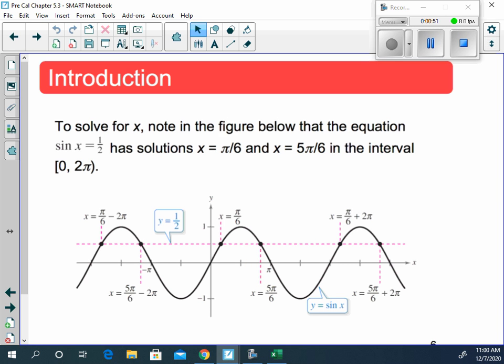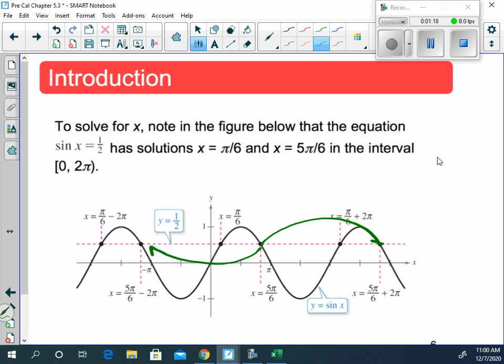If we subtract 2 pi, we end up here. If we add 2 pi, we end up over here. So we can add or subtract 2 pi and get these points.